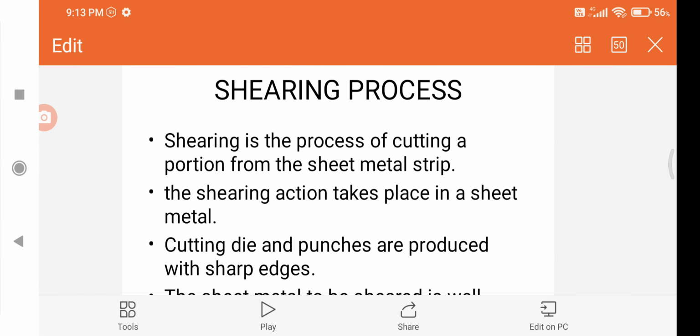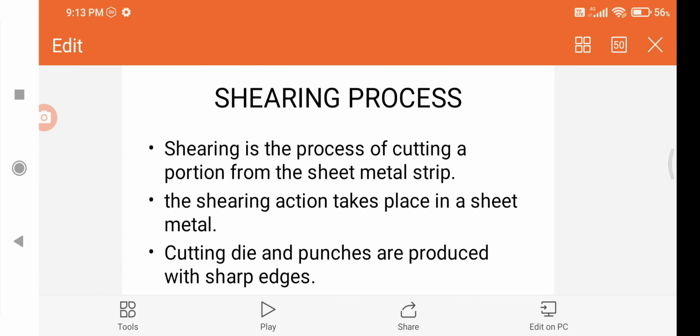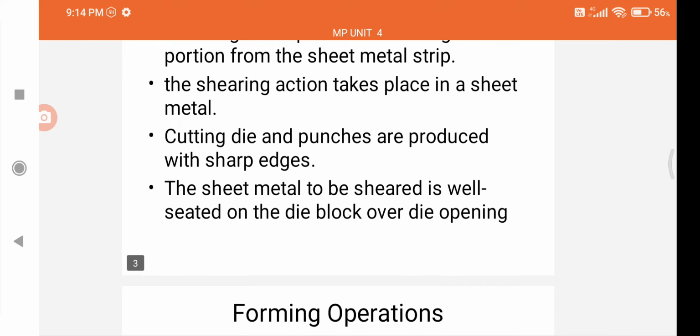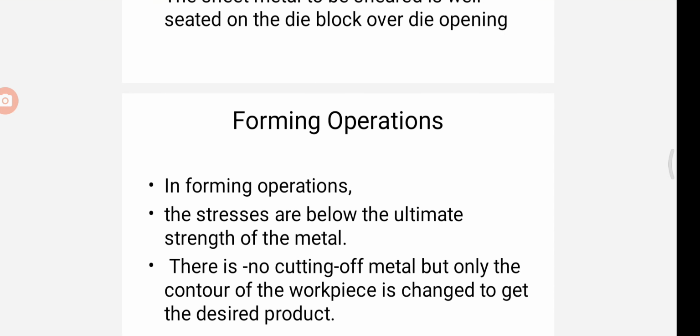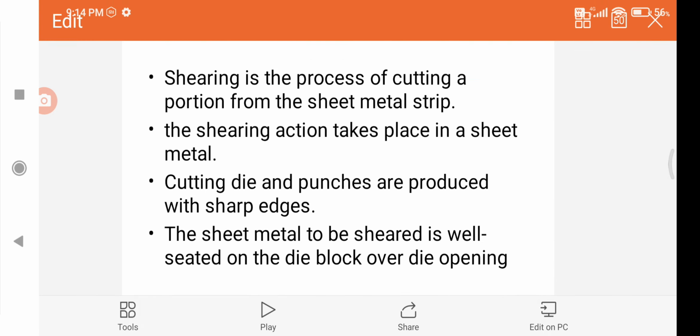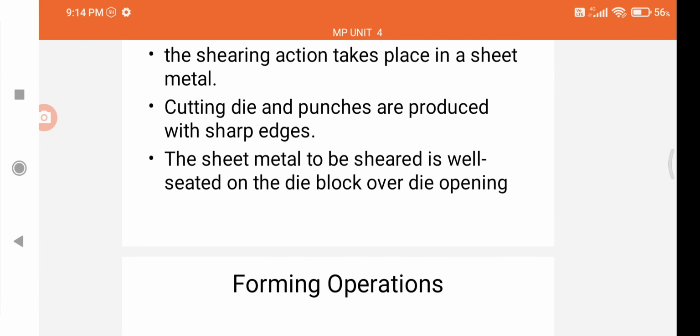In the shearing process, a portion of the sheet metal is cut and stripped, and the cutting dies and punches are produced with sharp edges. But in the forming process, there are no cutting operations. This is the main difference between the shearing process and the forming process.